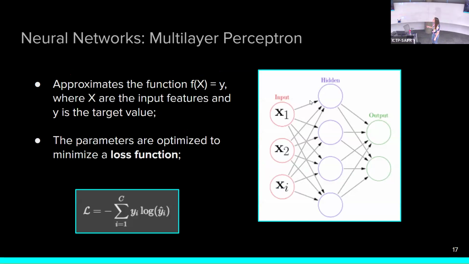If you have an infinite number of hidden units, it can approximate any function. So the idea is that you have a neural network to approximate a function, f of x is y, and in our case, x would be the dark matter density and these additional features that we discussed. And y, our target, is the number of halos in the volume.